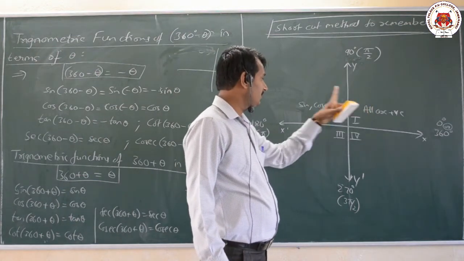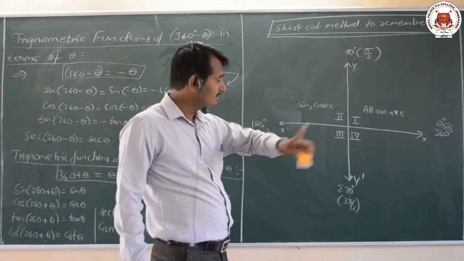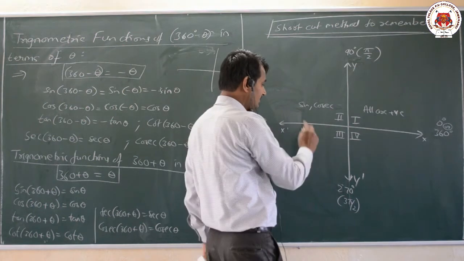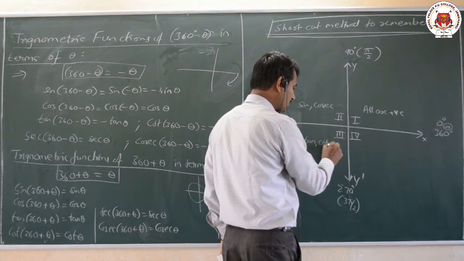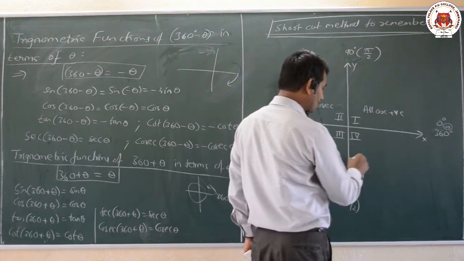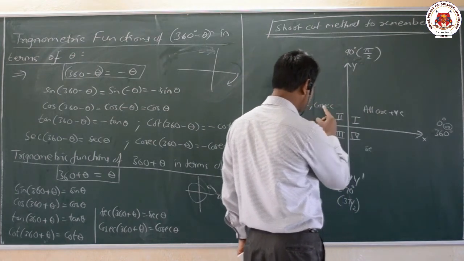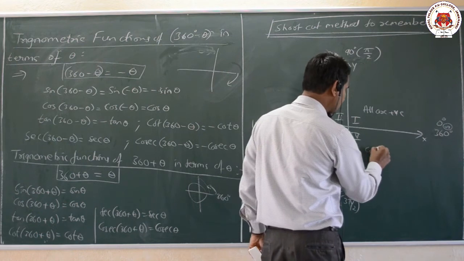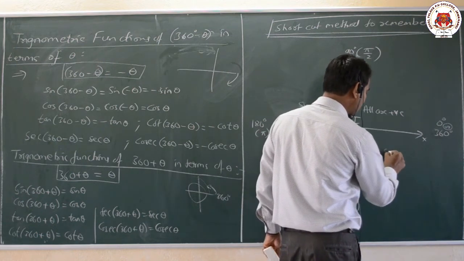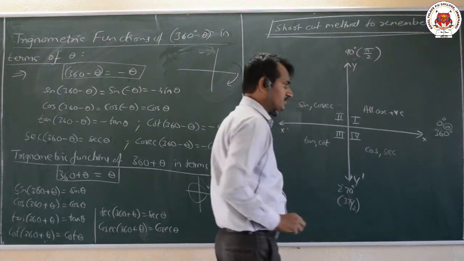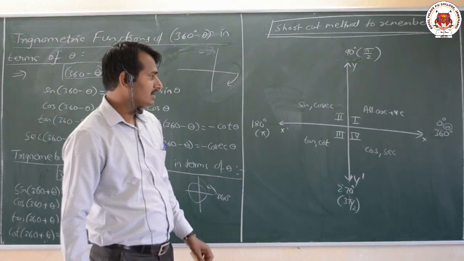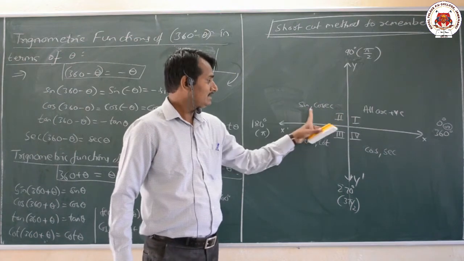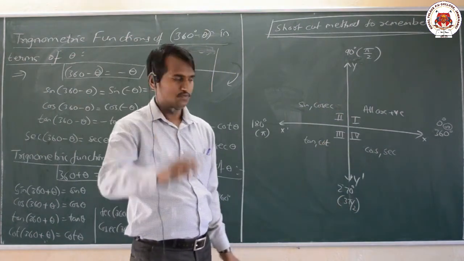All are positive, sine and 1 by sine, that is cosecant. Then T means tan and 1 by tan, that is cot, are positive. Then at last cos is positive, and 1 by cos, that is secant, is positive, and all other values will be negative here. So sign depends on the ASTC rule.